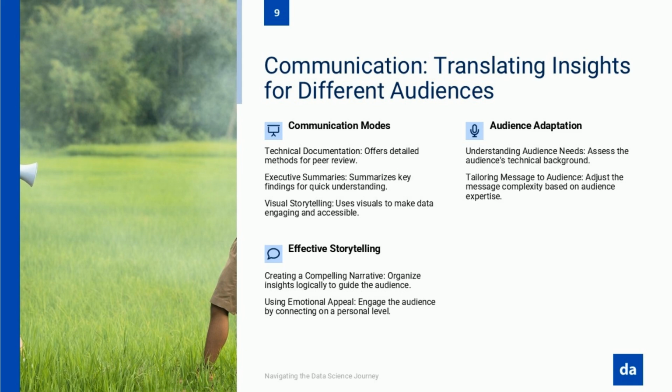For instance, rather than simply reporting that customer churn increased by 8% last quarter, frame this insight within a narrative. Our analysis revealed that customers who experience more than 2 service disruptions are 3 times more likely to cancel their subscriptions. This suggests that improving service reliability could reduce our churn rate by approximately 8%, potentially recovering $1.2 million in annual recurring revenue.